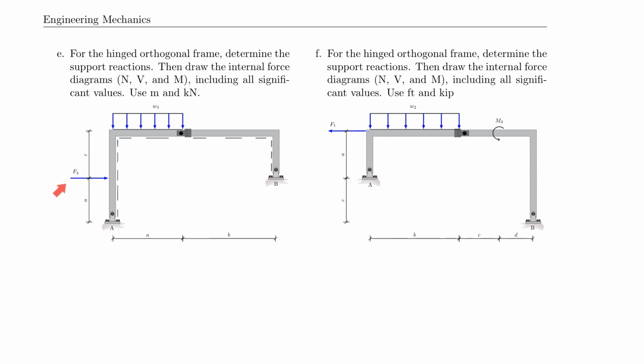And pay attention to the load of this frame here, which has a horizontal force that passes through this support, whereas here there's a force that actually is removed from this support and this support. And in addition, this one is pushing on the frame and this one is pulling away from the frame. So please pay attention to that and see what effect it has on your final diagrams.